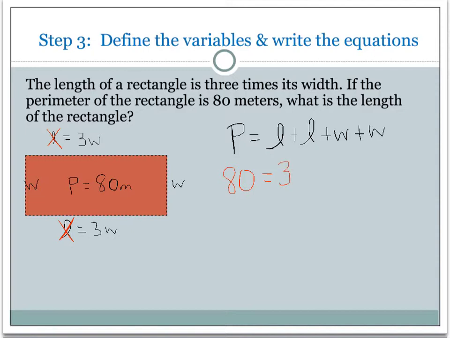So we're going to make those L's become 3W and 3W, and we're going to leave the W's alone. What you'll notice is that we've taken an equation that had two different variables, which we weren't going to be able to solve, and turned it into an equation that had one variable, and that variable was W. So let's see what this is going to become now.